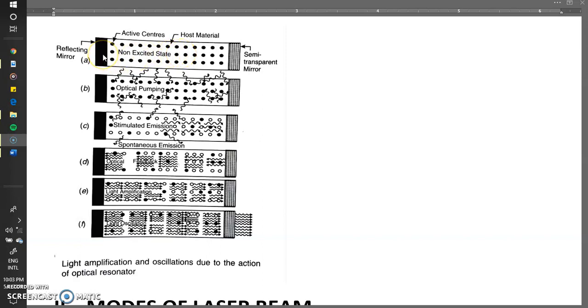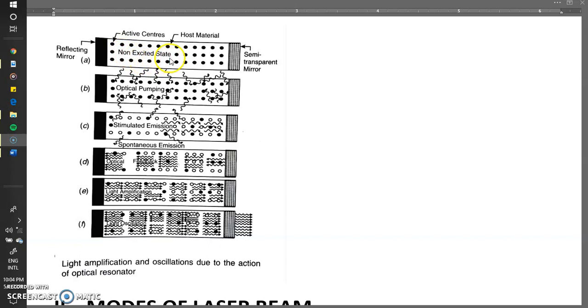This dark one is a 100% reflecting mirror, and this is a semi-transparent mirror. This is the active medium. The dark spots here are the active centers, whereas the remaining part is the host material, which supports the active centers.